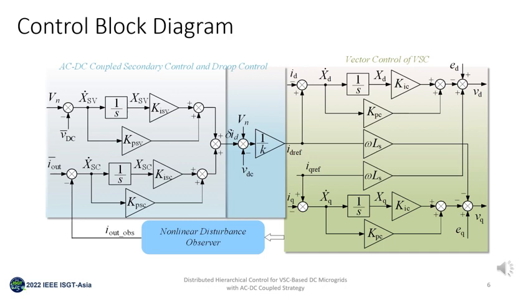And for the inner loop, the vector control is used for the VSC control, and to control the active power, ID is used, and IQ is controlled to 0. And in this way, the system can work according to the ID to V droop characteristic with a compensation term directly sent to the D-axis current.